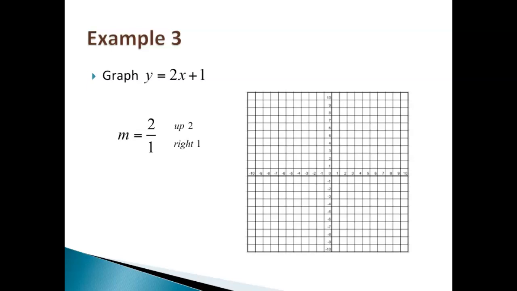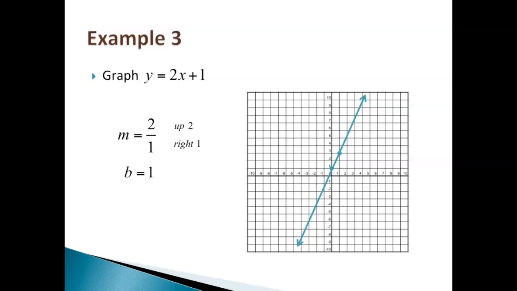Alright, and then the y-intercept is at 1. So now we can go ahead and start with the y-intercept, find 1 on the y-axis, and now to find another point, I'm going to go up 2 and to the right 1. And now I have 2 points and I can draw my line.